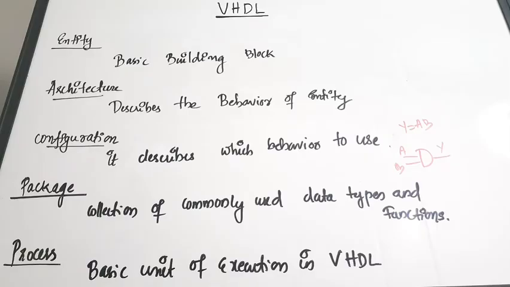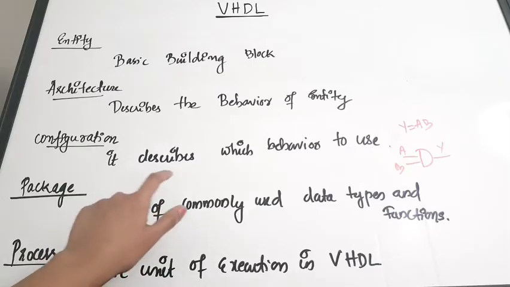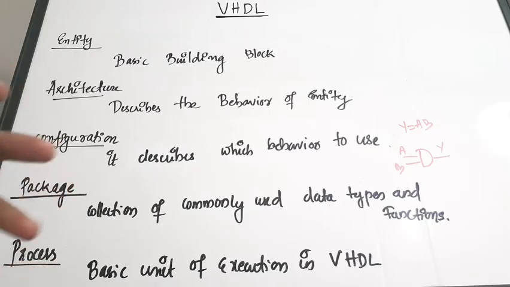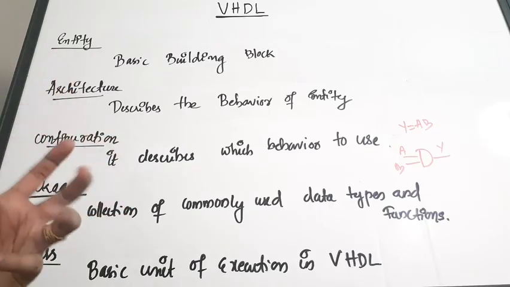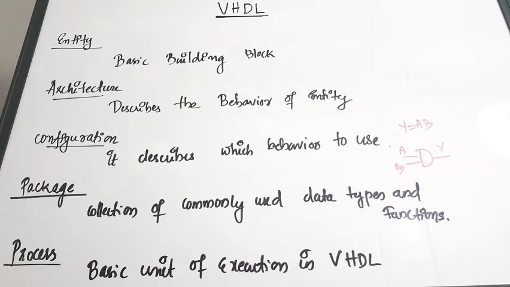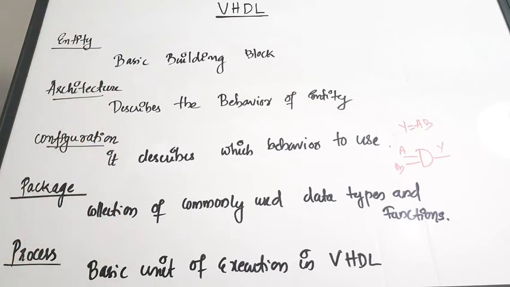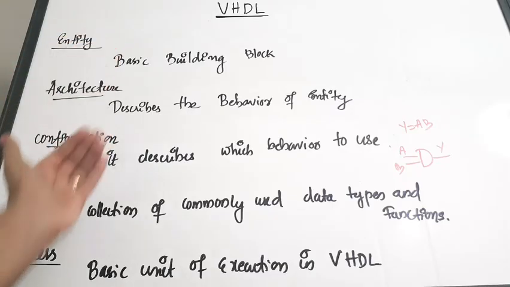Configuration is the place that describes which behavior to use. If you are designing any gate or any component, this component can have multiple behaviors. This is not the case of an AND gate. Consider that you are going to design some other higher-end units or circuits. In that case, they can have multiple behaviors, and those multiple behaviors will be described in multiple architectures, right?